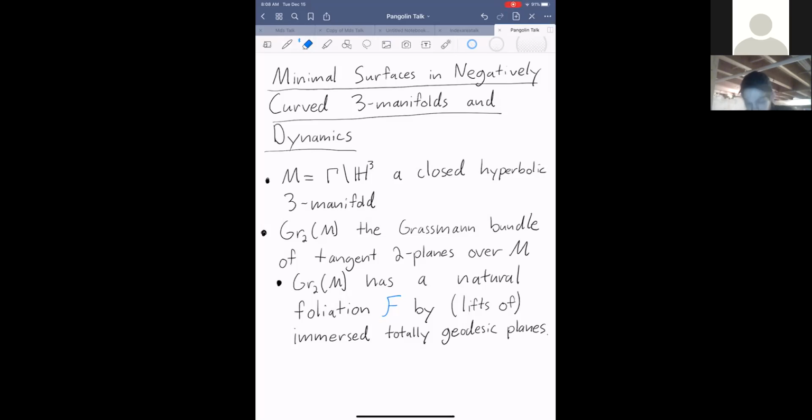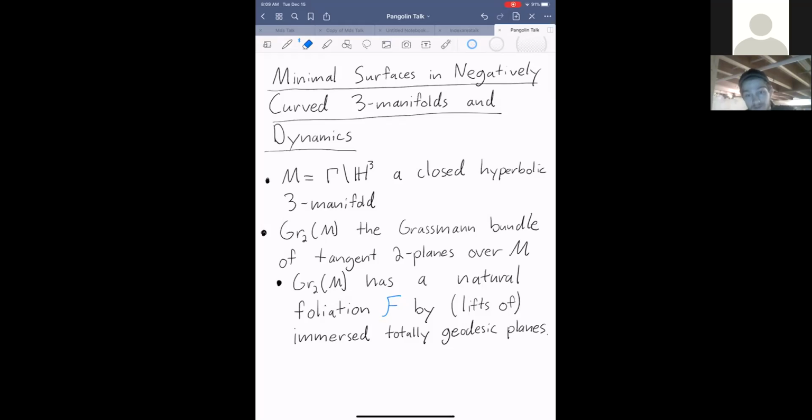In the case where M is a closed hyperbolic three manifold, this bundle comes with a natural foliation, which we'll call blue F, by tangential lifts of immersed totally geodesic planes. How does that come about? For each point in Gr2 M, that is, for each tangent two plane in the tangent space to M at some point, we can take the plane in the tangent space that corresponds to that element of Gr2 M, and take the image of that tangent plane under the exponential map.